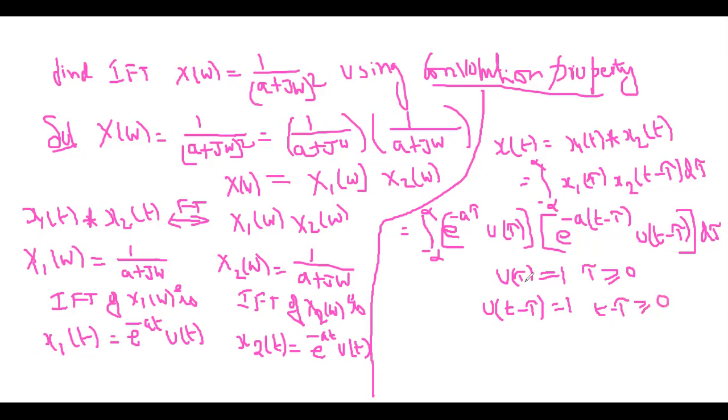Okay, my dear students, don't confuse here. Mu of tau is equal to 1 for tau greater than or equal to 0. Whatever the factor is there in the parenthesis, that is greater than or equal to 0. Similarly, in this also, what is the factor here? The t minus tau is greater than or equal to 0.